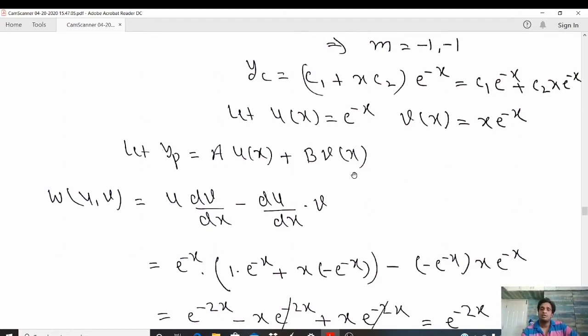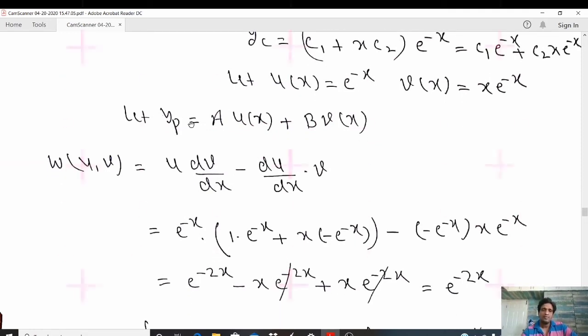So the solution will be c1 plus x c2 into e power minus x. That is c1 e power minus x plus c2 x e power minus x. Okay. So u of x will be e power minus x, v of x will be x into e power minus x. So yp will be a into u of x plus b into v of x.